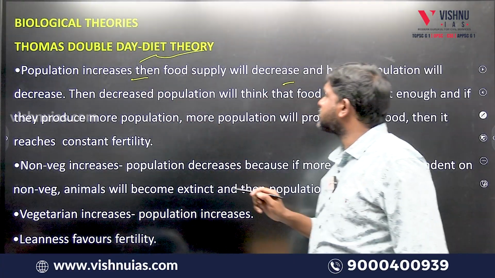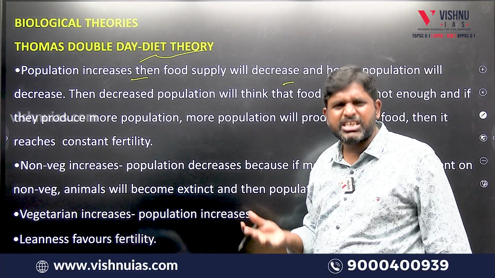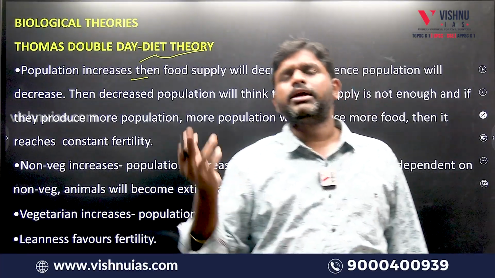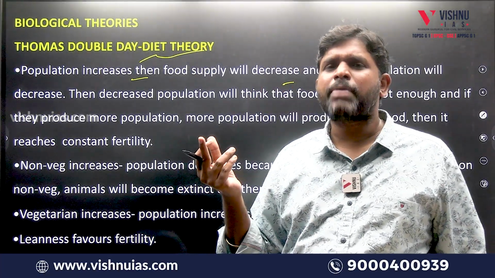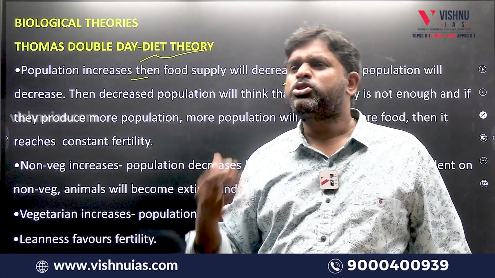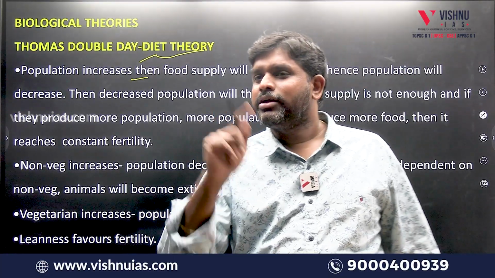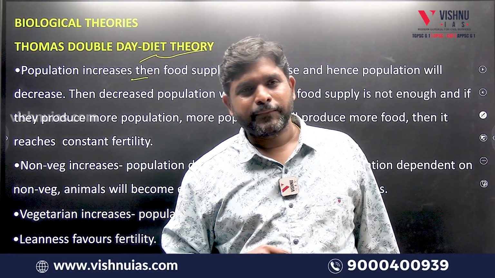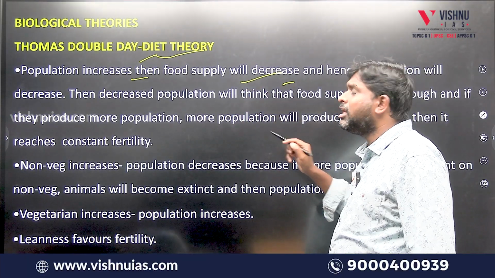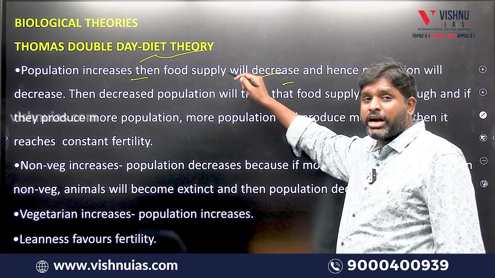Population increases. Why? It's a general tendency, because of nature, the sexual attraction between a man and a female. So the population has been growing, but not the food supply. When the population increases, that increased population will not get food.